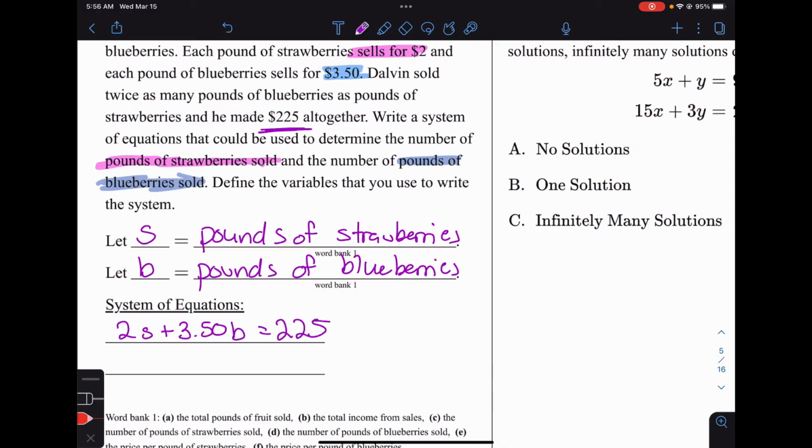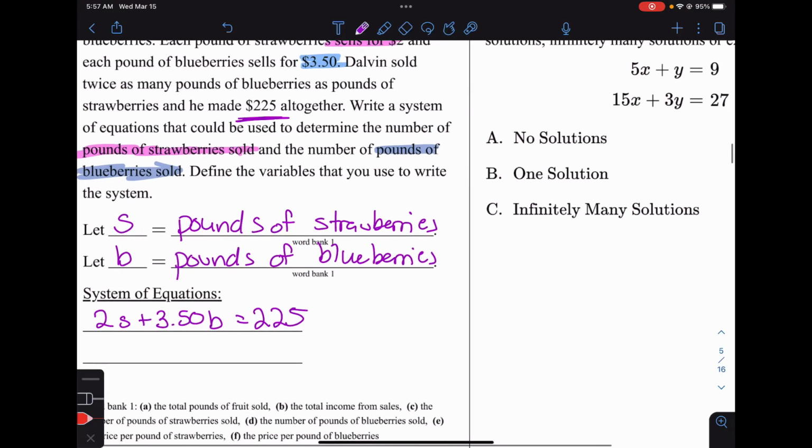Next, it says, he sold twice as many pounds of blueberries as pounds of strawberries. Okay, so I feel like a lot of the times people get confused on which one they're supposed to multiply by 2, right? So let's just think, if he sold twice as many pounds of blueberries than strawberries, that means he sold more blueberries than strawberries. So let's just say hypothetically he sold 20 pounds of blueberries, right?